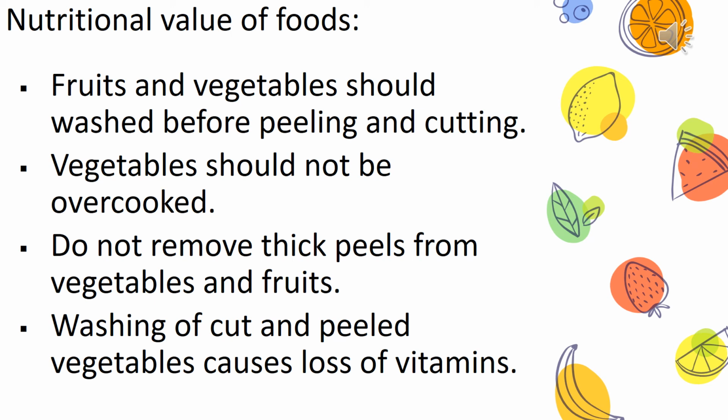Secondly, vegetables should not be overcooked. Overcooking destroys the nutrients present in them. Thirdly, do not remove thick peels from vegetables and fruits. Why? Because the skin of fruits and vegetables contains a lot of vitamins, minerals and fibers. So we should eat them with the skin if possible. Washing of cut and peeled vegetables causes loss of vitamins.